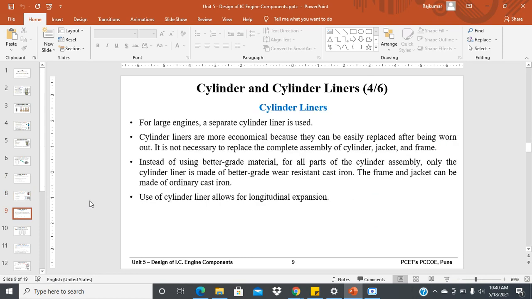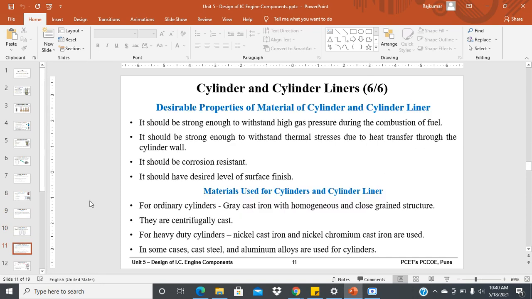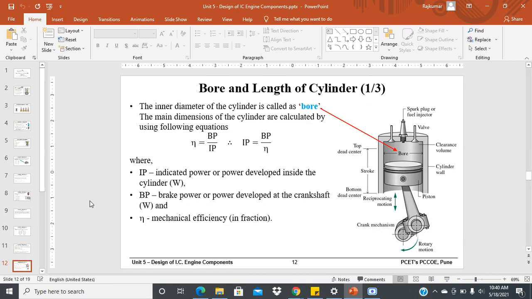Then we discussed how cylinder liners save the design cost, especially the material cost and the operating cost as well. Again, we discussed dry liners and wet liners, then the desirable properties of material of cylinder and cylinder liner, and different materials that are often used for the cylinders and cylinder liners.